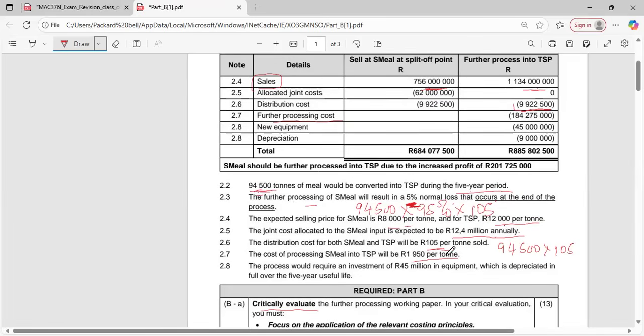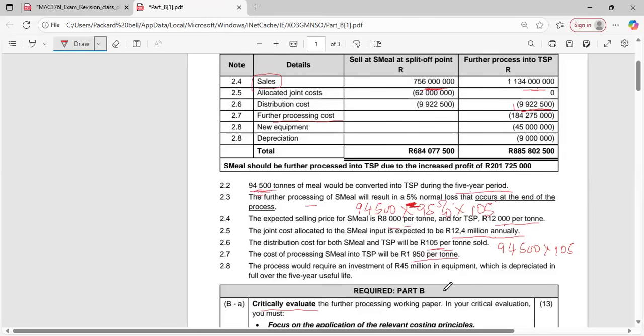So what are we going to do with the normal loss here? I think that's the only thing that is needed there. The normal loss. What are we going to do with the normal loss? Anyone with an idea there?